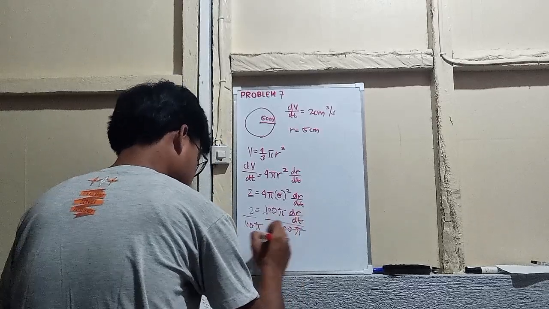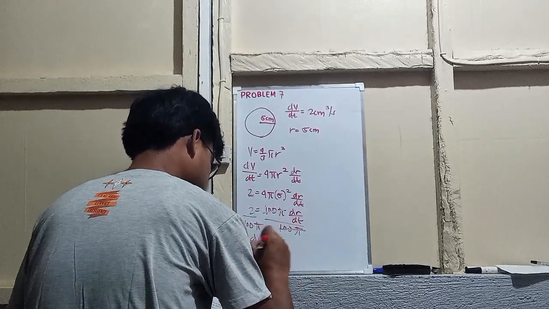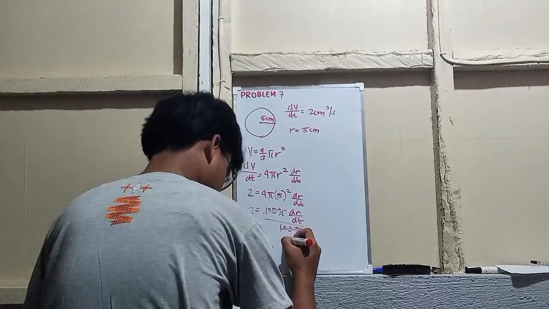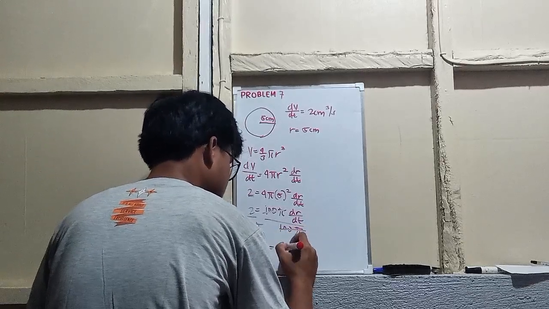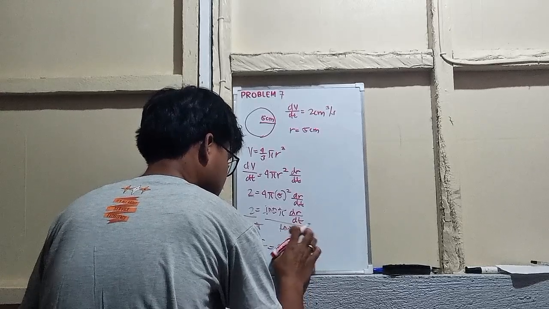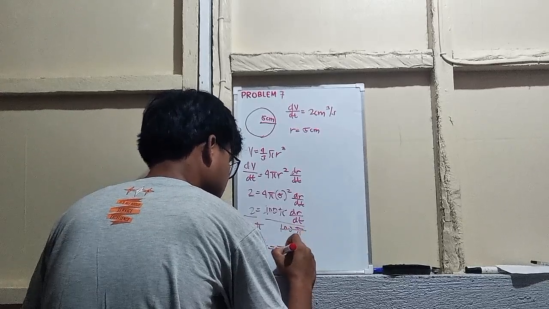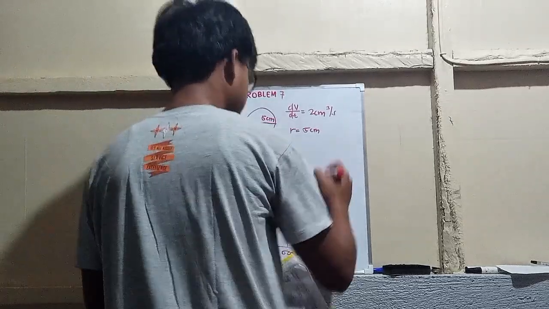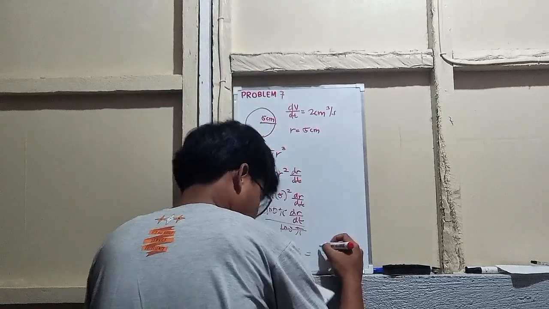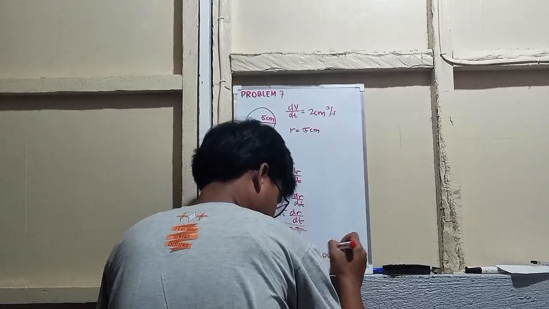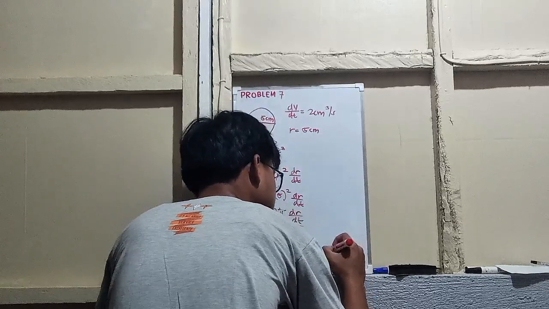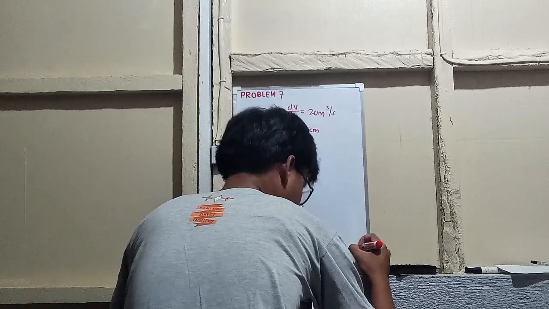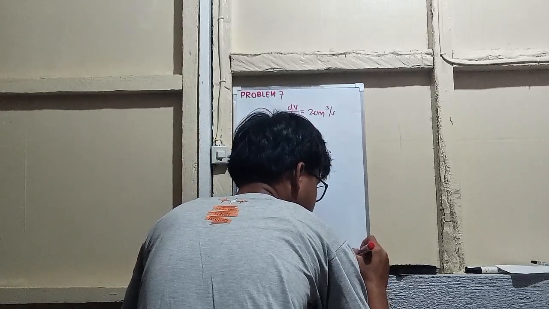So we have 2 over 100 pi, which simplifies to 1 over 50 pi, and the value of this is equal to 0.0637 centimeter per second.